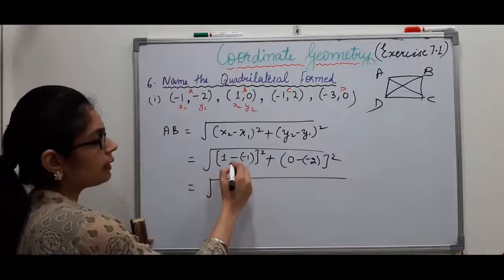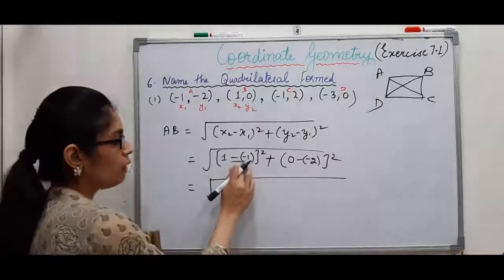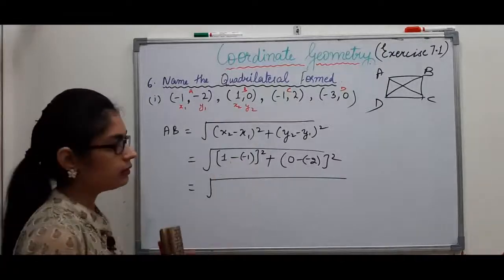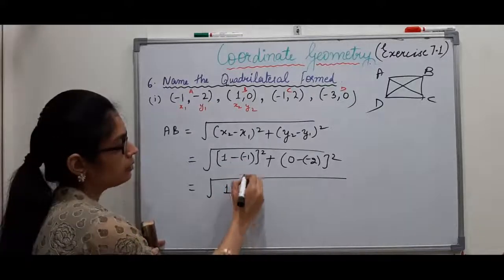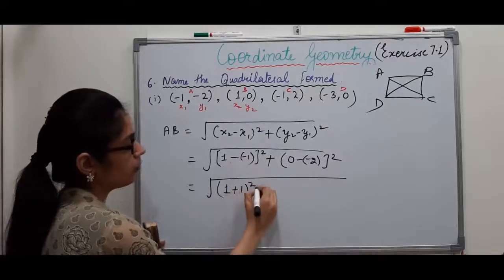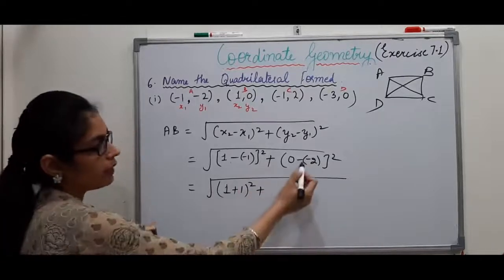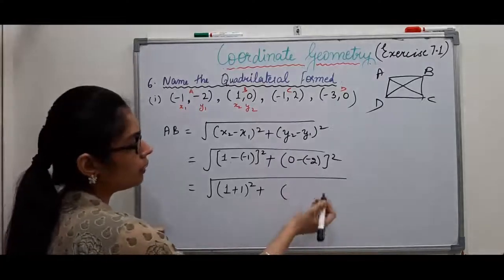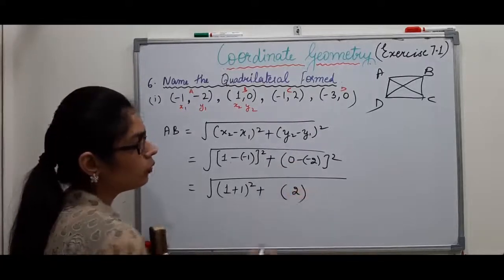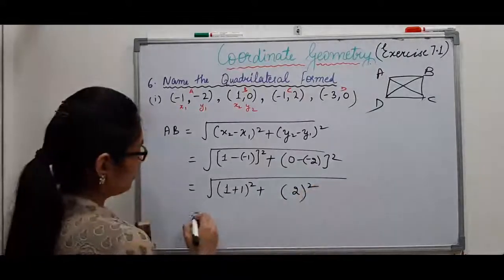Whenever two minus signs are together, you have to change the two signs into a single sign. So 1 minus and minus is plus, so I will write plus 1 whole square plus 0. Again two signs are together, minus and minus is plus, so you can write 0 plus 2 or directly 2, because 0 plus 2 is 2.